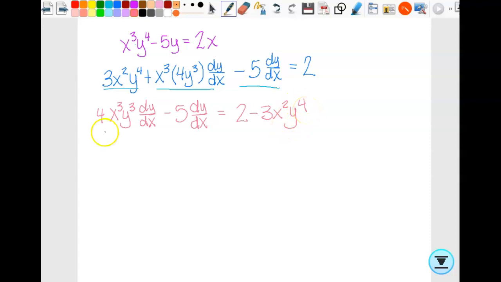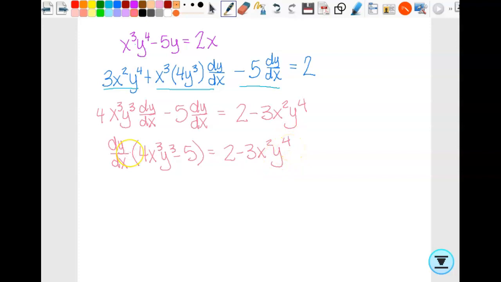Then over here, because I have these 2 terms, I have to factor out the dy/dx. That leaves me with 4x cubed y cubed minus 5 equals 2 minus 3x squared y to the 4th.